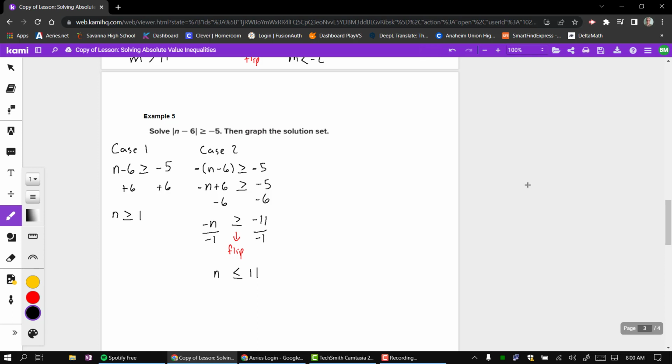Wait, we're shading over each other. Again, because 1 is right here, shade everything this way. 11 is right here, shade everything this way. And this is a union, so we're going to take everything. So we're actually just going to take this entire number line.